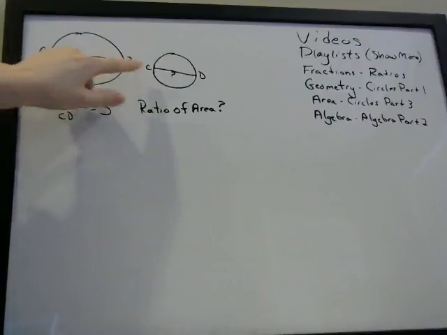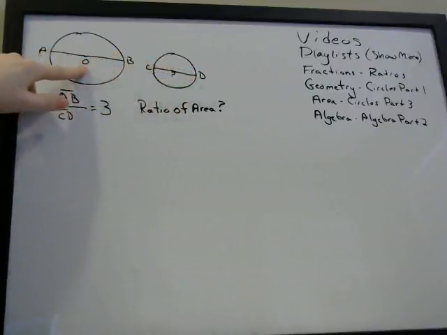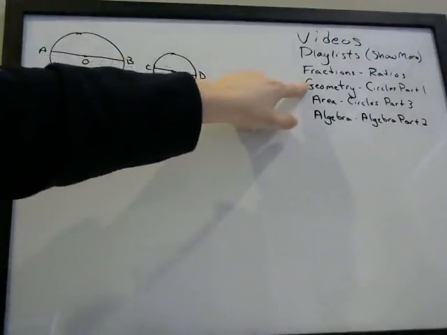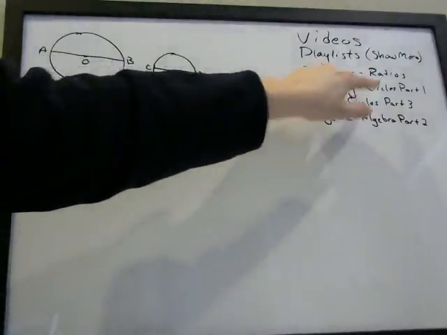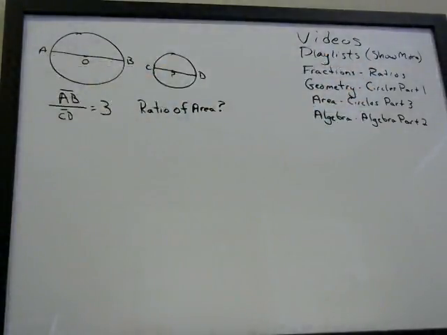We know that these lines go through the center point of the circle, and therefore they are the diameter of the circle. If you don't know what diameter is, watch the circles part 1 video under the geometry playlist. So they've given us the two diameters of the circles, and then they've given us a relationship between those two diameters.